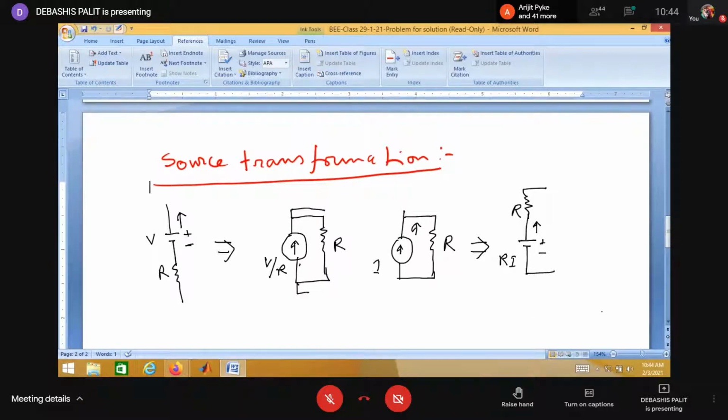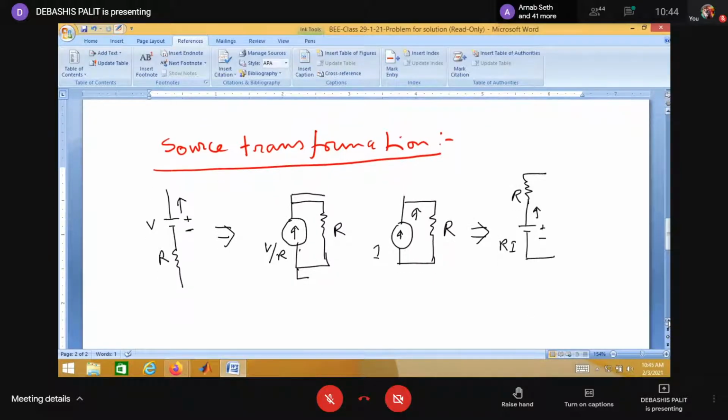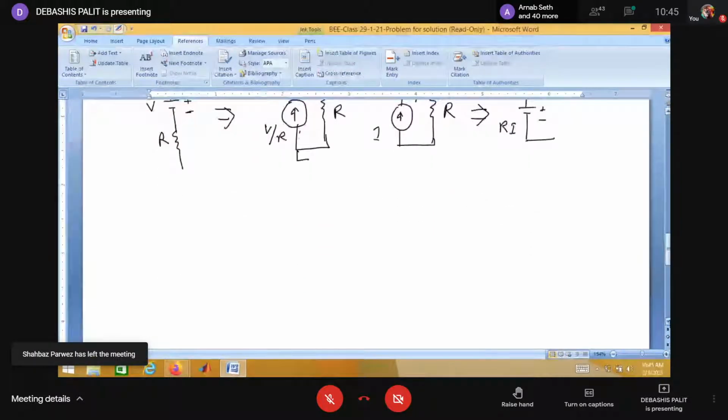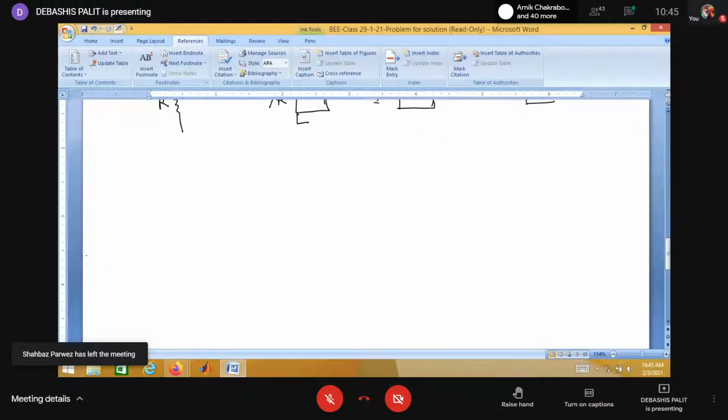But there are different circuits that have no voltage source with parallel resistance, or voltage source in series resistance, or current source in parallel resistance. Like this kind of circuit you may develop.